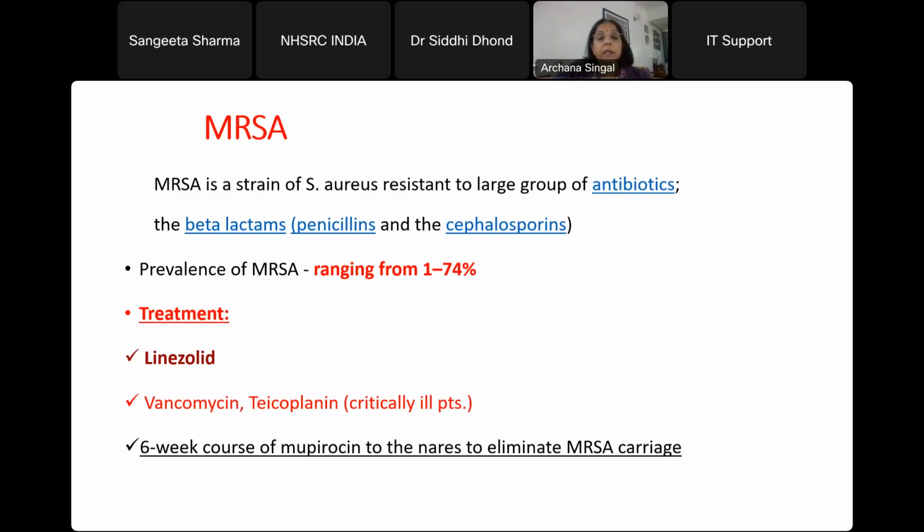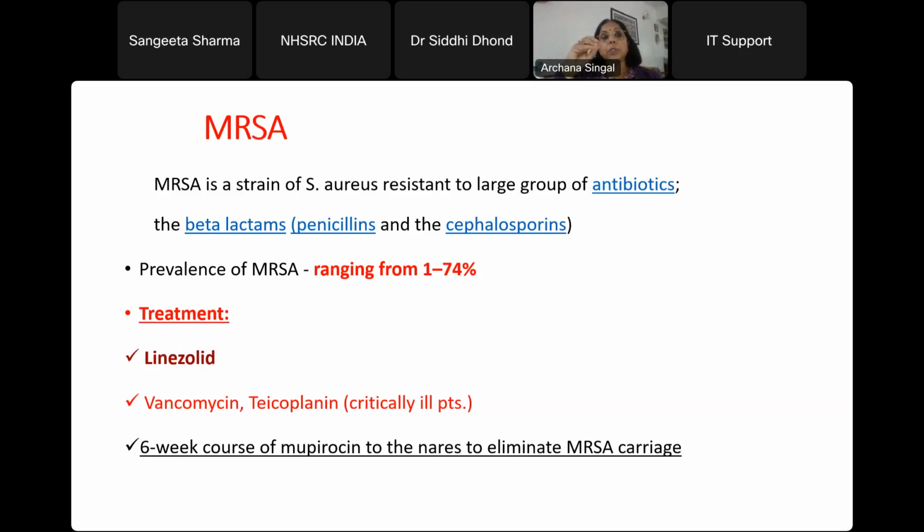And if there is a nasal carriage, then you have to advise the patient to take rifampicin, I prefer, for 14 days, along with a 6 weeks course of topical mupirocin in both the nostrils, morning and evening.